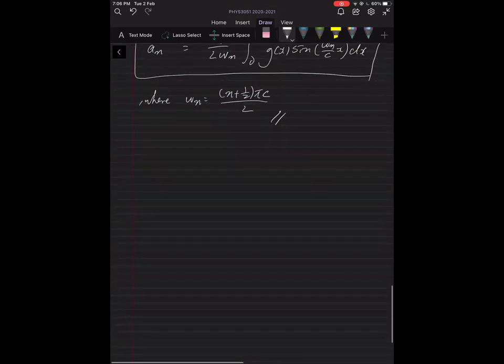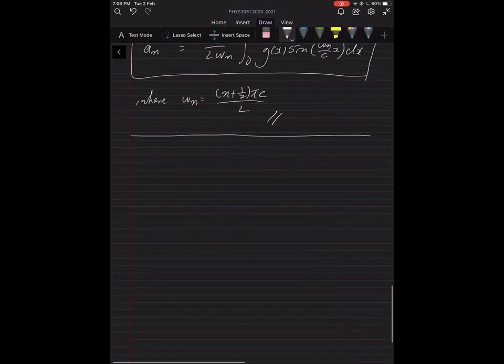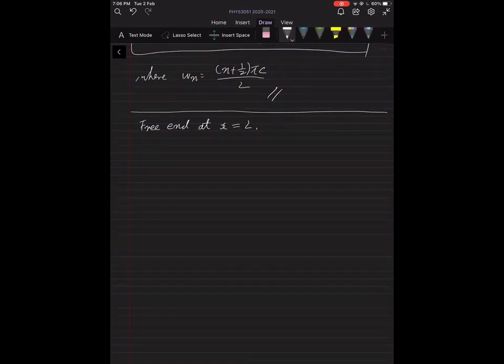Okay, so here the boundary condition is a free end at x equals L. We consider a differential element at the end here.